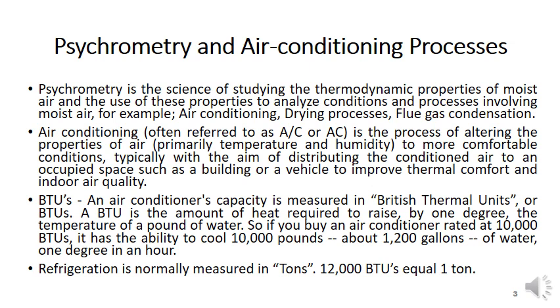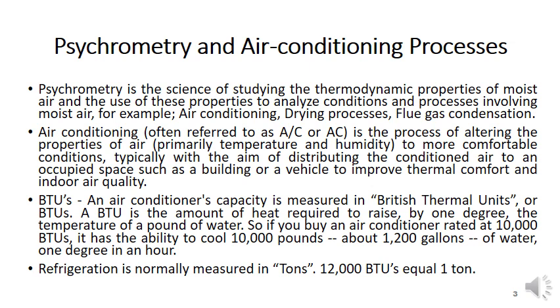So BTU is the preferable unit which has been used since 1945 up to now. BTU is the British thermal unit. A BTU is the amount of heat required to raise the temperature of a pound of water by 1 degree.